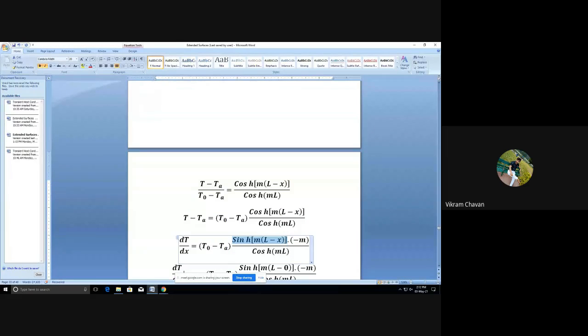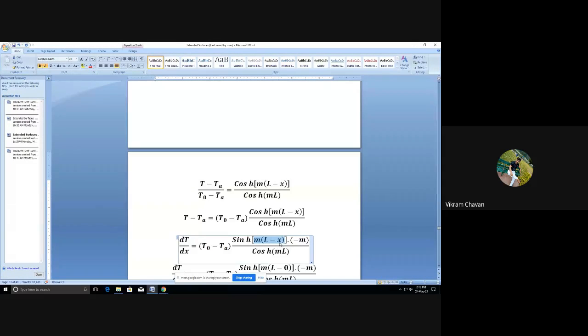If the argument has a constant, we have to multiply by that constant, so we take the differentiation of the bracket as well. We multiply by m inside the bracket, so that is m multiplied by L minus m multiplied by x.